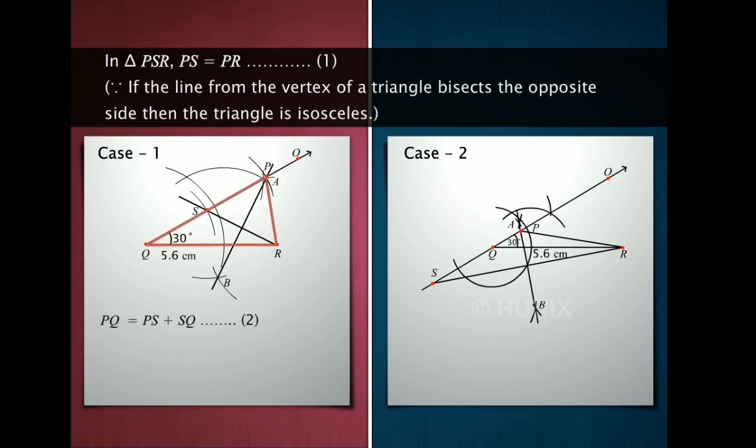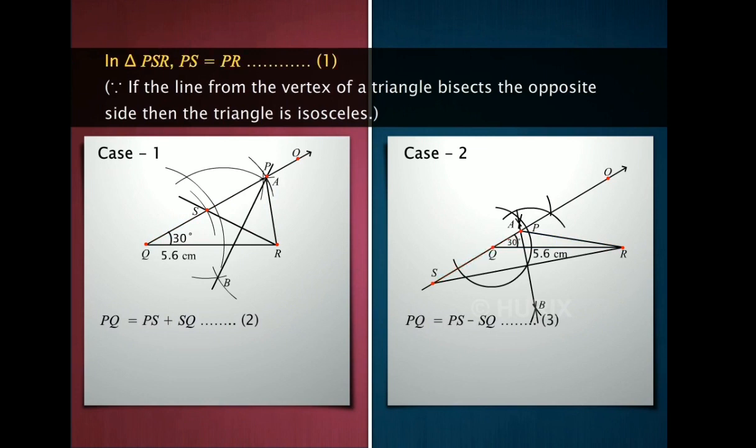In triangle PQR of case 1, side PQ is equal to the sum of the measures of line segments PS and SQ. While in triangle PQR of case 2, side PQ is equal to the difference of the measures of line segments PS and SQ.